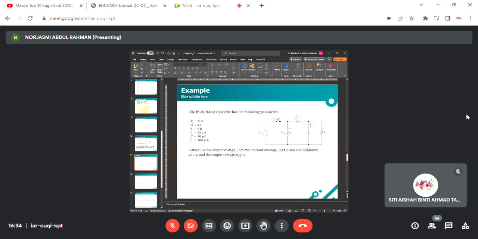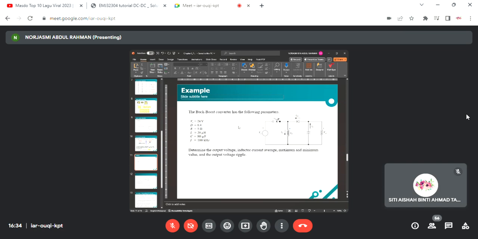Usually the question will give you a long sentence. Try to jot down the information given by the question into this form, where you can see Vs equal to 24 volt, D equal to 0.4, R equal to 5.